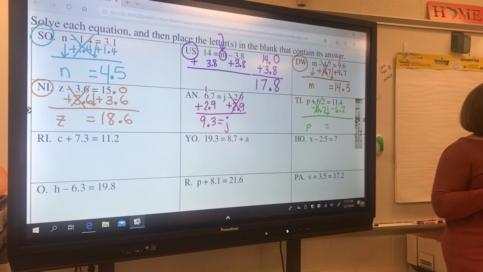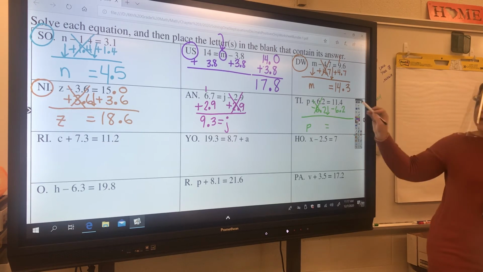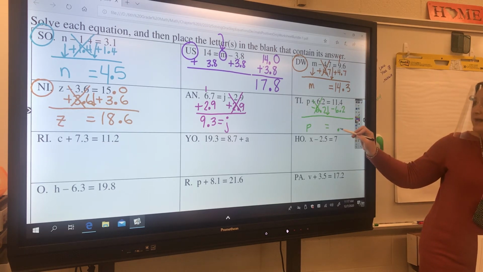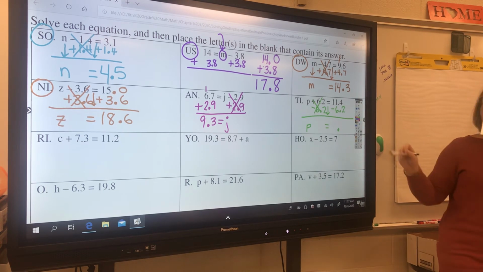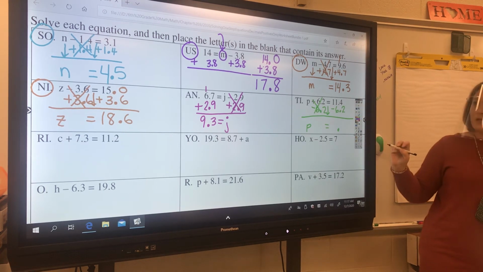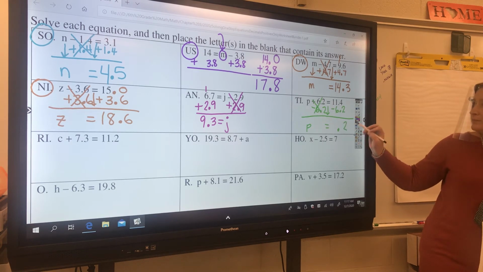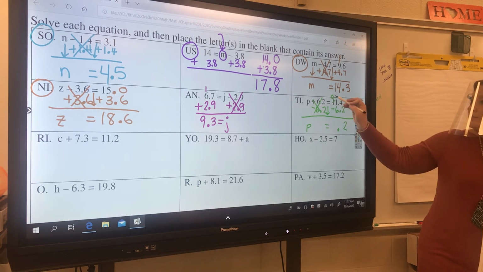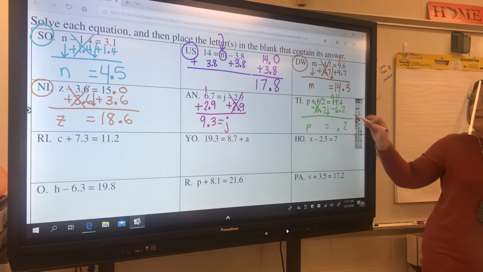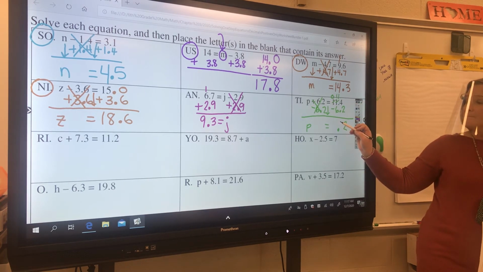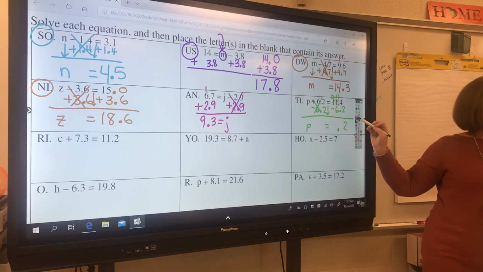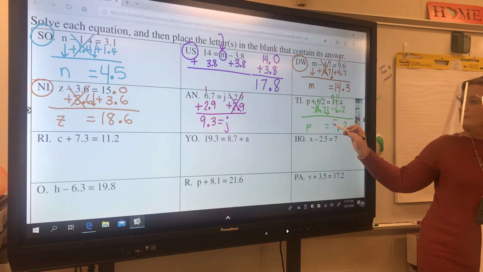You line up the decimals, bring them down, and then just subtract like normal. 4 minus 2 is 2. 11 minus 6 is 5. I got it.